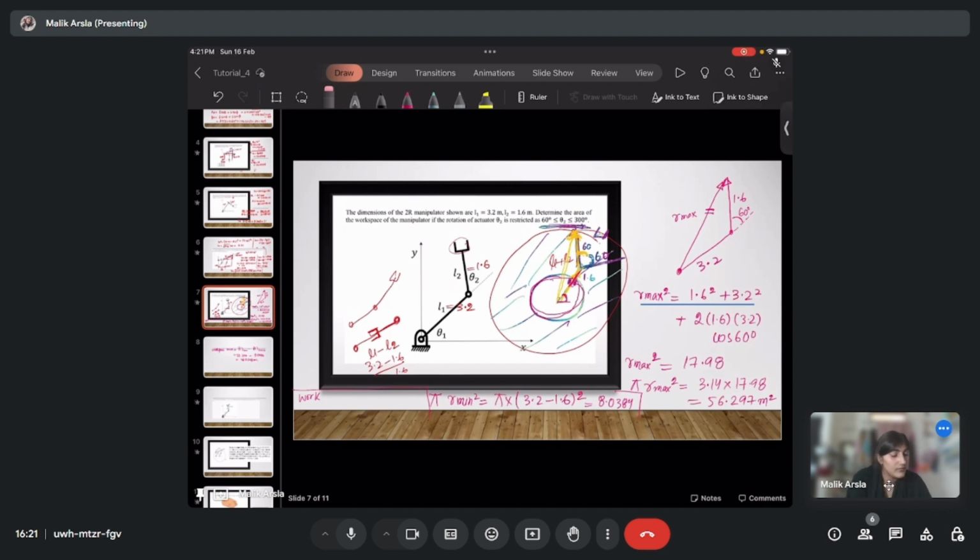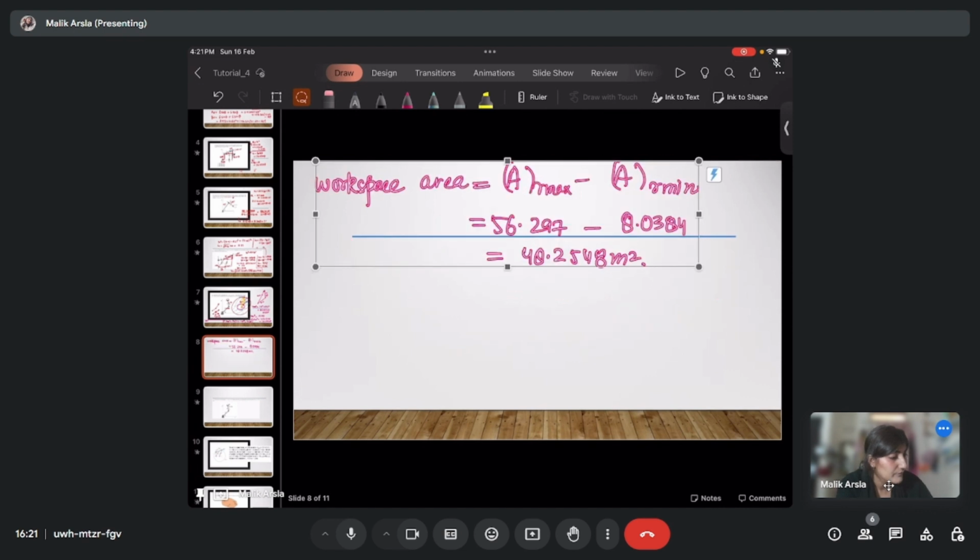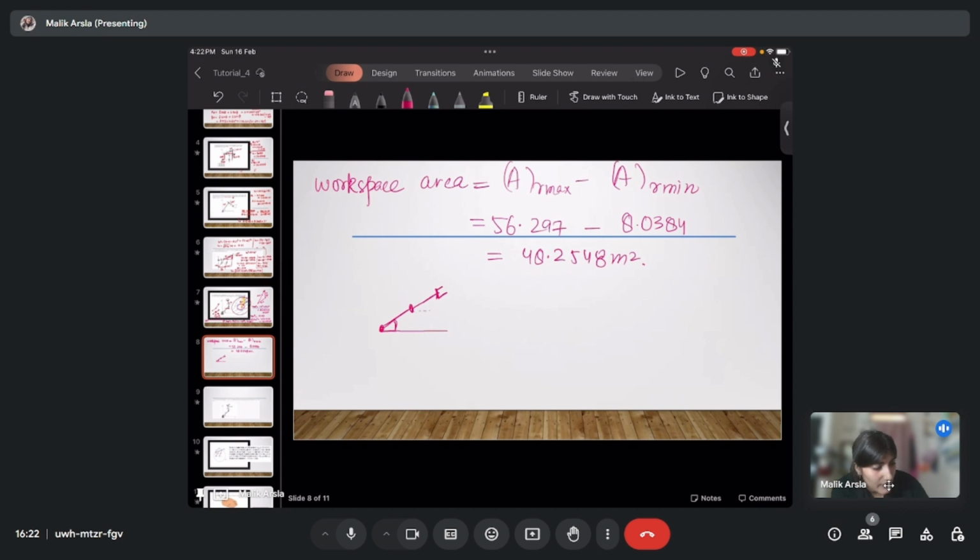Can you please tell why we find this r max? Okay, let me do it here again so that you understand. See, if we have a manipulator like this, it has one link like this, another link like this, right? If there is no restriction on the movement of this angle, say theta 1 and this is theta 2, whatever this forms with the first line, here theta 2 is 0.